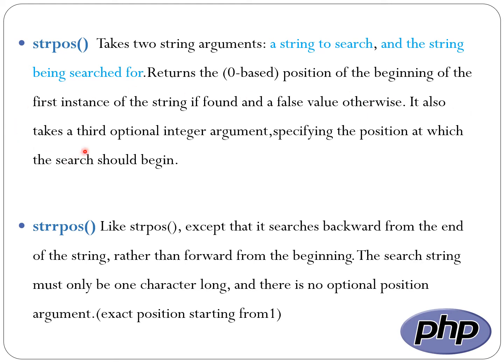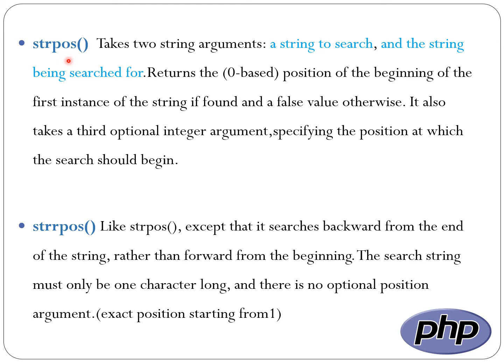It also takes a third optional integer argument specifying the position at which the search should begin. The third argument gives an idea about from which position onwards we have to do the search operation.